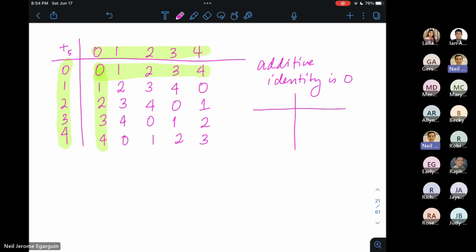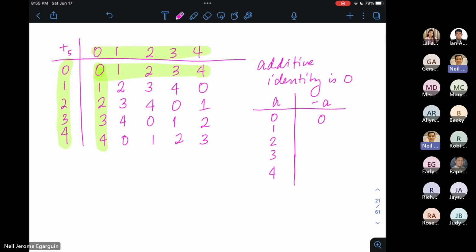Tapos tingnan natin. Gawa tayo ng table ng A at saka negative A para sa additive inverses. 0, 1, 2, 3, 4. Sino ang additive inverse ni 0? Sige. Sino ang negative 0? Zero po. Great. 0 siya. Good.